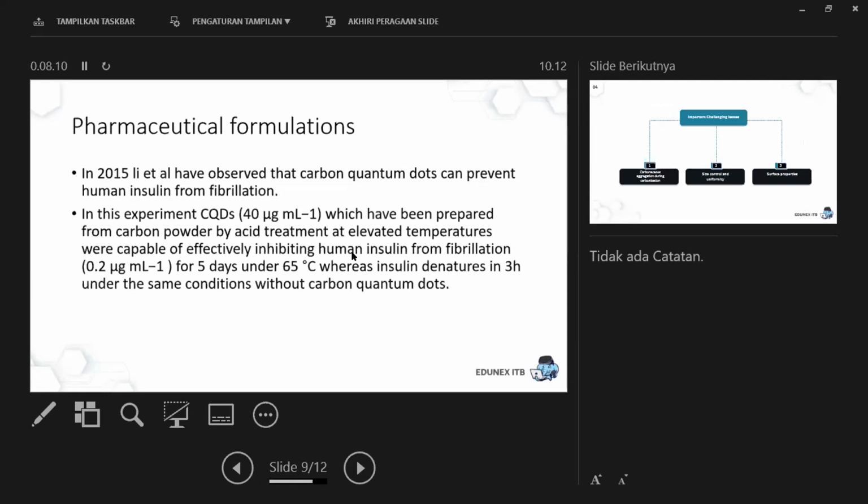In this experiment, carbon quantum dots, which had been prepared from carbon powder by acid treatment at elevated temperatures, were capable of effectively inhibiting human insulin from fibrillation for 5 days at 65 degrees Celsius, whereas insulin denatures in just 3 hours under the same condition without carbon quantum dots.